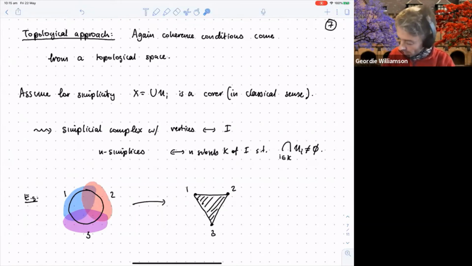And here's a classical example. So we take this cover of the circle by open subsets. So here's my first open subset, my second one, my third one. They all intersect, and so I get this simplex as my nerve. So this is called the nerve.